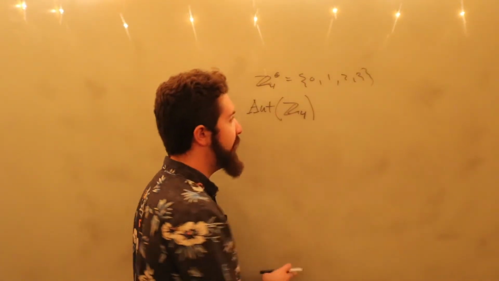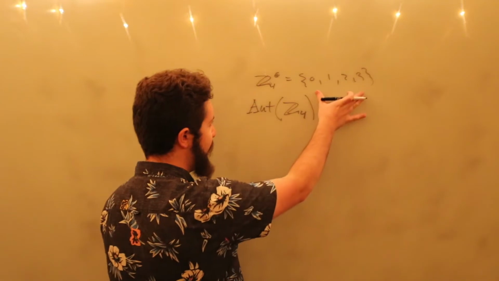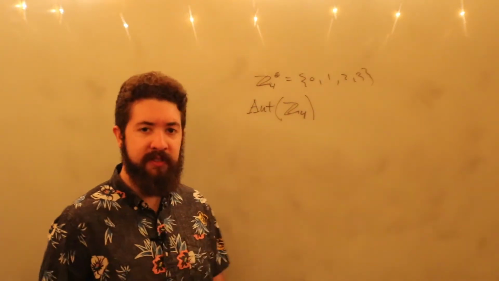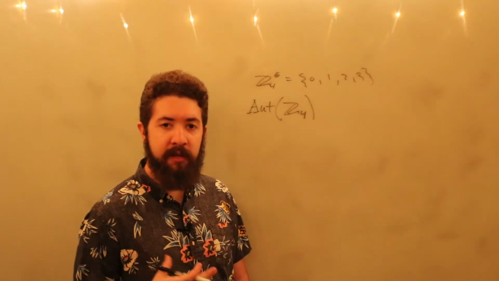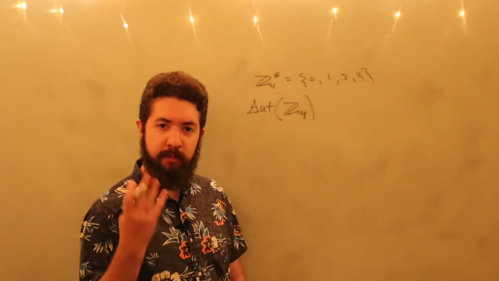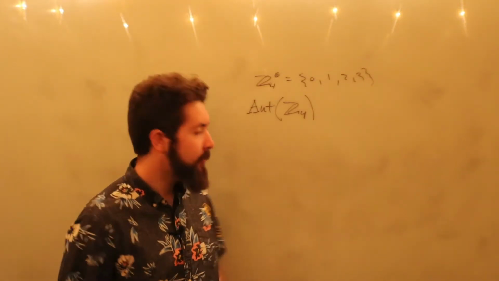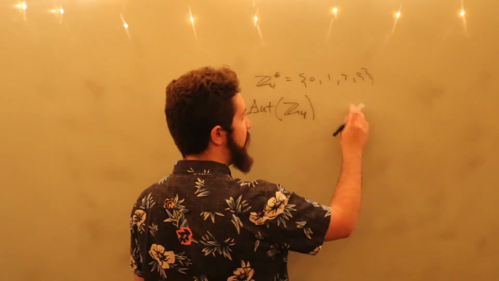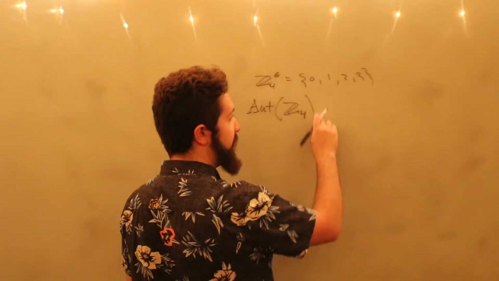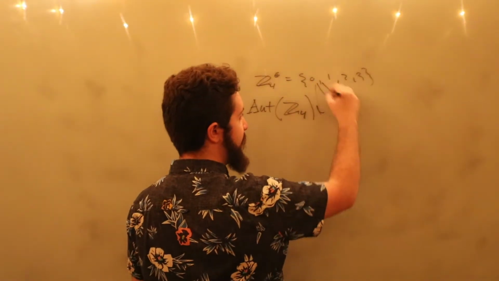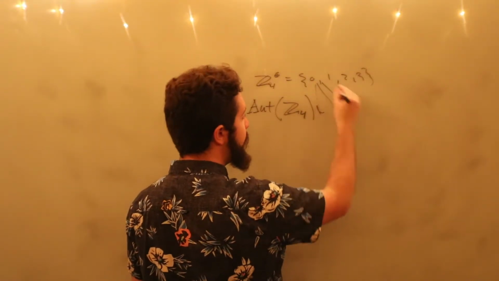So how many bijections are there going to be from a set with 4 elements to itself? Well, it has to be onto and 1-to-1, so essentially it's just a permutation of 4 symbols, right? In which case there are 4 options for the first element for where this gets sent, right? It could get sent to 0, 1, 2, or 3.